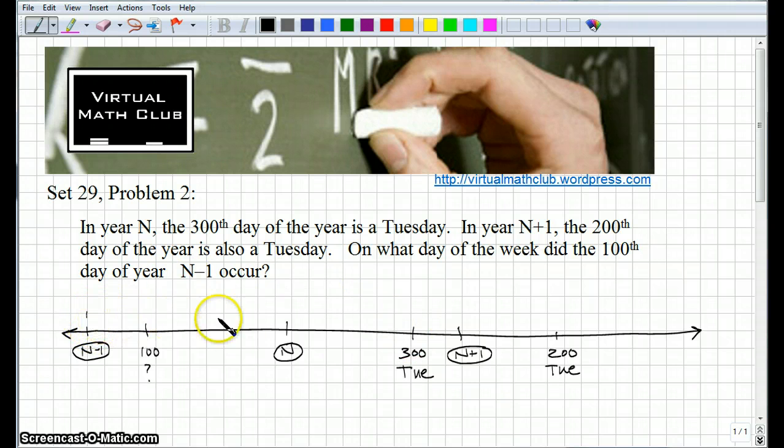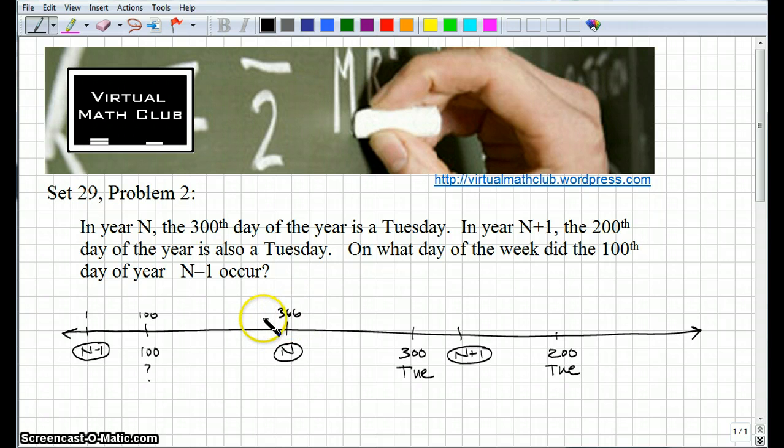So we get one continuous set of days, and we're counting them all from one reference point, which is day 1 of year n minus 1. Okay, so this is still day 100 with respect to the first day of year n minus 1.